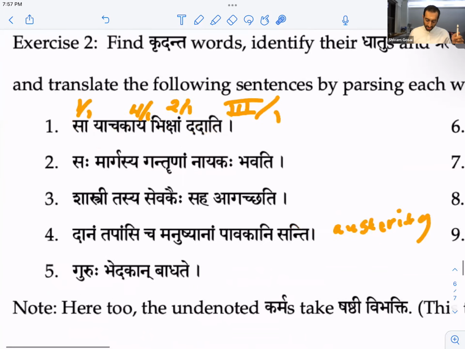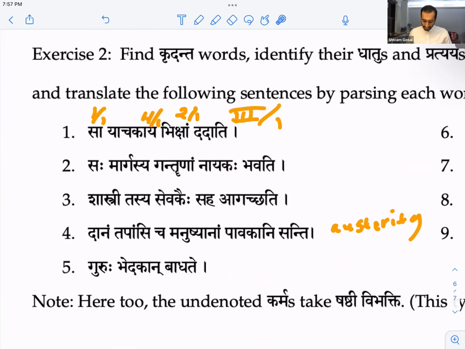Okay, let's do number 2 as well. Sa margasya gantrunam nayakaha bhavati. Okay, bhavati, bhu dhatu, 1P, to be, lat lakara, kartari prayoga, prathama purusha, ekavachana.